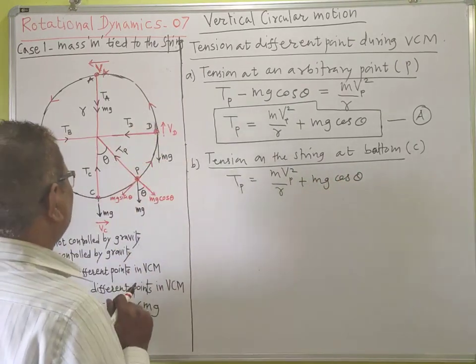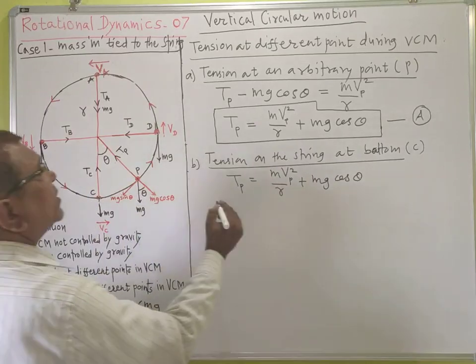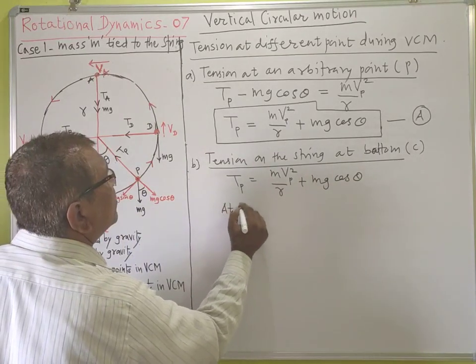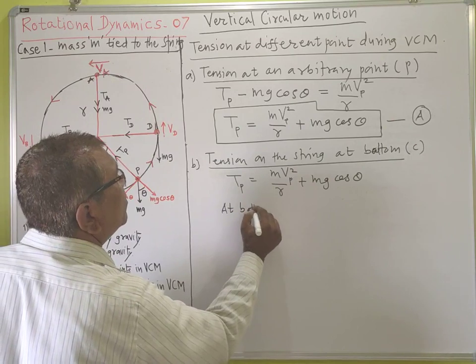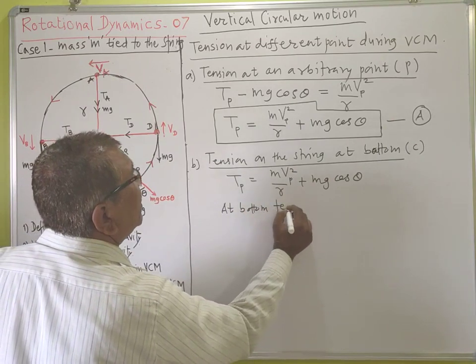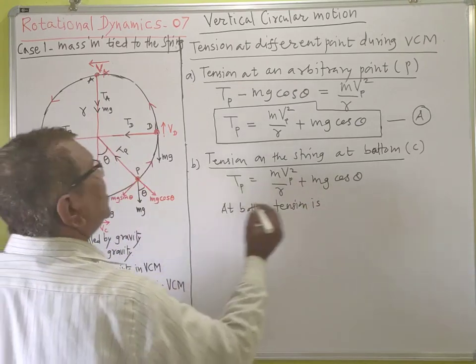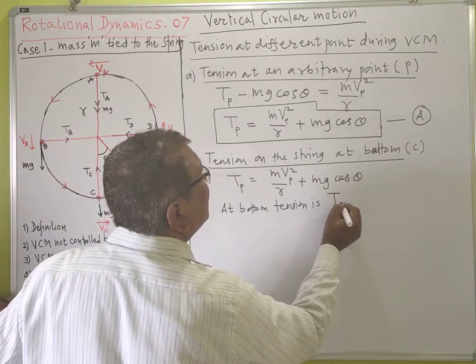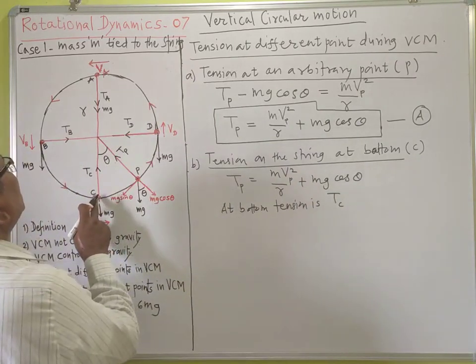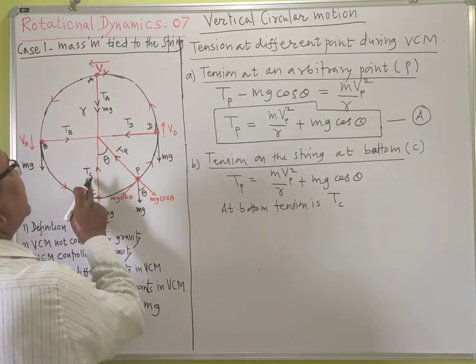Okay, then at bottom, tension acting on the string is Tc.